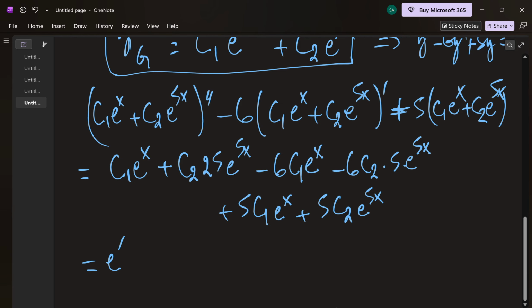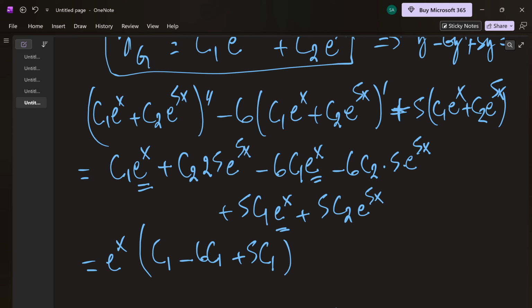So now we will collect the exponential x terms together and the others together. So for exponential x we have c1 minus 6 c1 and here we have plus 5 c1.